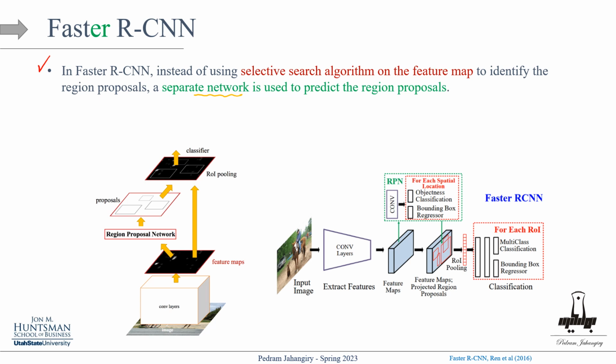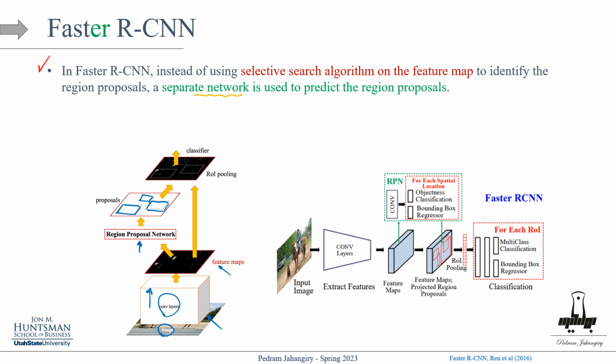So maybe this visualization is going to help us. Again, just like Fast RCNN, we're going to pass the entire input image only once to our conv layer, and then extract the feature maps, and then pass this feature map to an RPN, region proposal network. The output of this RPN is basically some bounding boxes and locations, and classes.